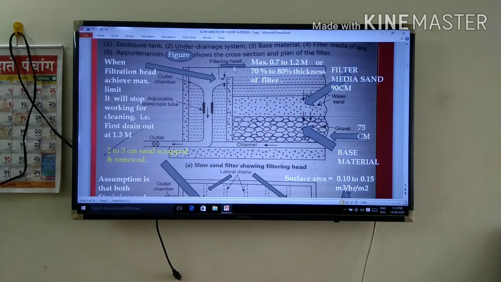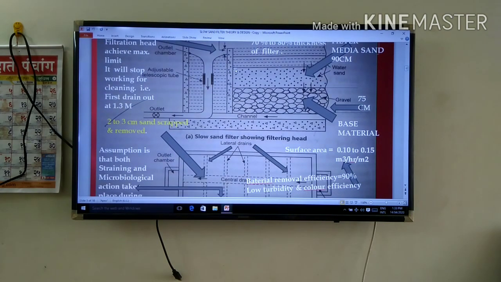When the filtration head reaches the maximum limit, it will stop working for cleaning purposes. That is, the first drain out is taken at 1.3 meter filtration head. When this is going on, 2 to 3 centimeters of sand is scraped and removed during the cleaning.